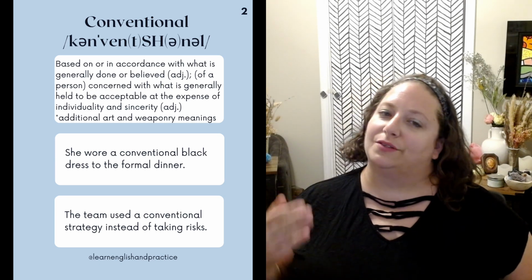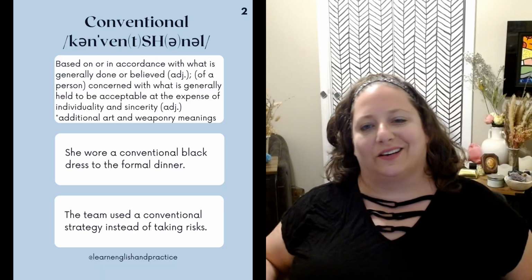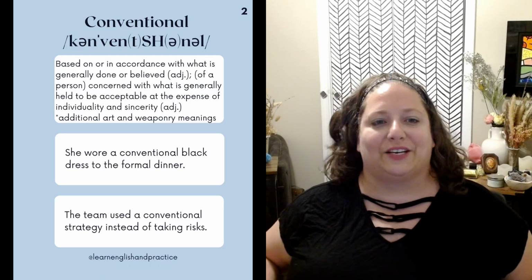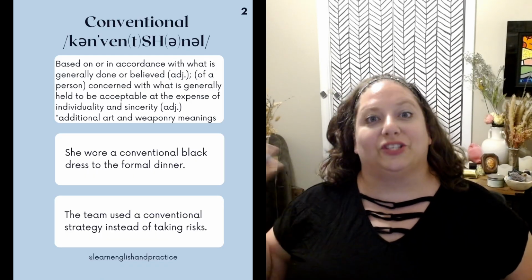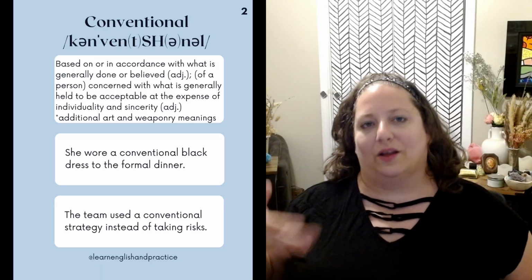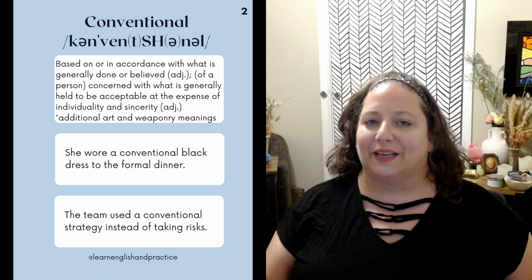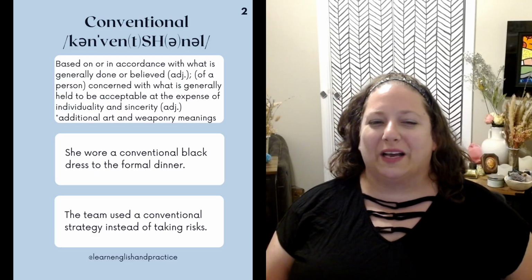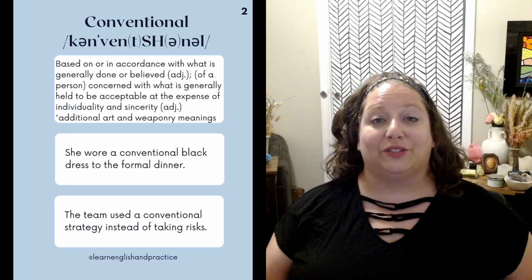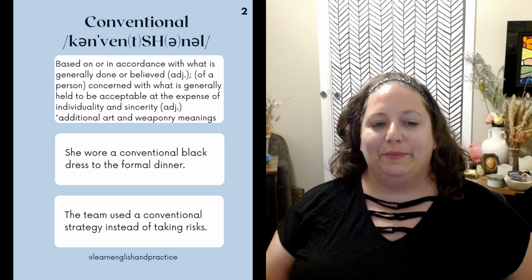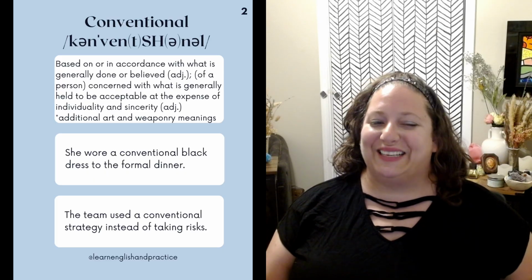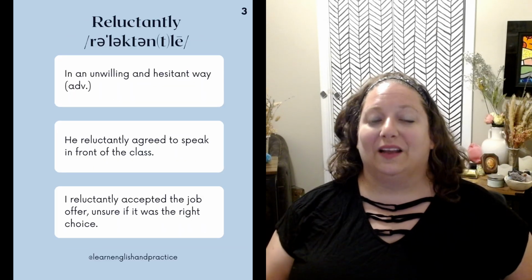So someone who's conventional in their appearance and in the way they dress would definitely try to fit in, try to blend in with the social norms. Examples are: She wore a conventional black dress to the formal dinner. The team used a conventional strategy instead of taking risks.